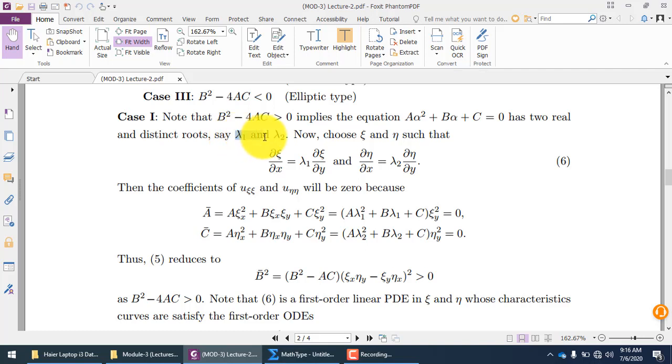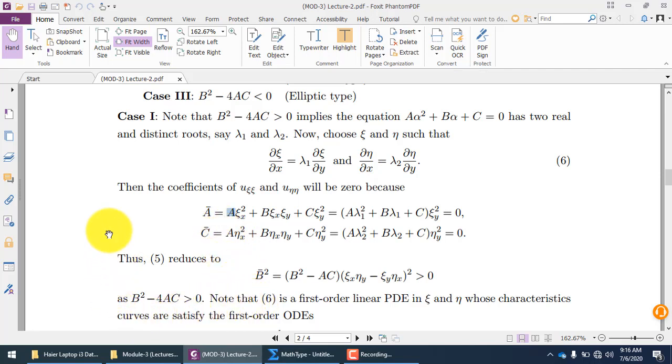And you remember that you have two roots of your quadratic equations, lambda 1 and lambda 2. These two equations, the one written for xi and the one written for eta, are similar except that xi and eta are different; the coefficients A, B, C are the same.